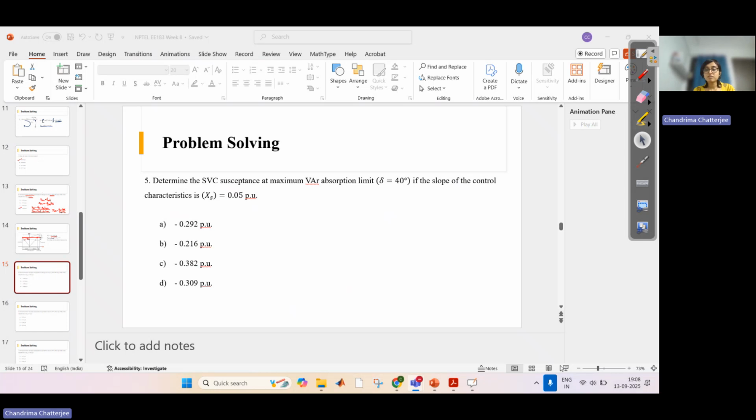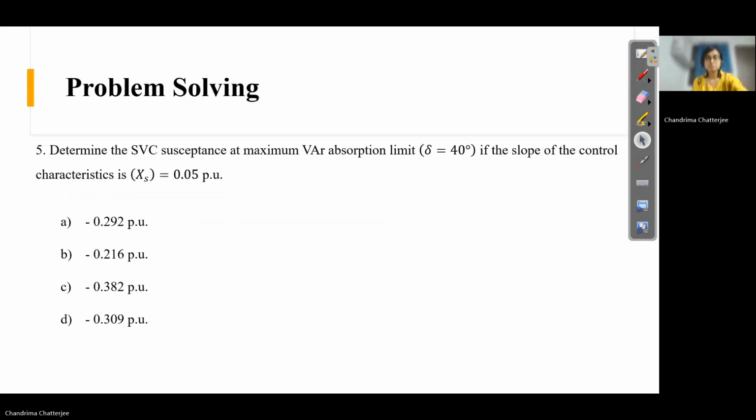So let's see the fifth question. In the last question, it was asked to calculate the SVC susceptance when the slope is 0.